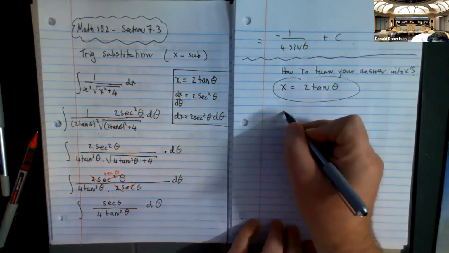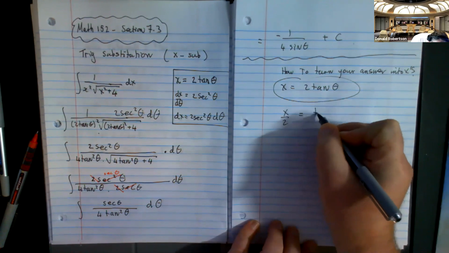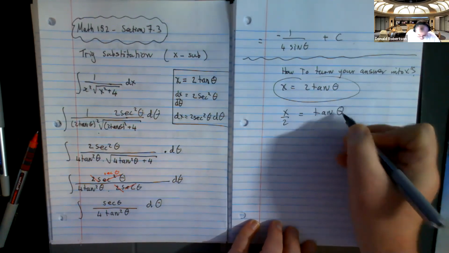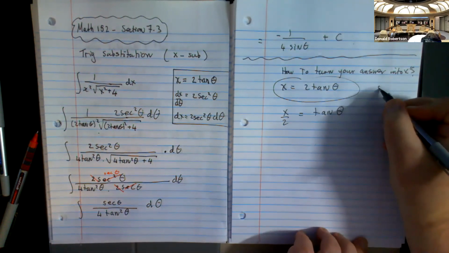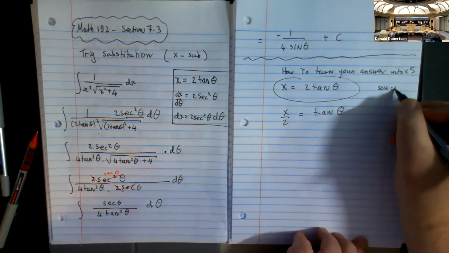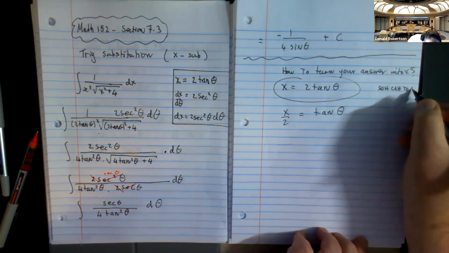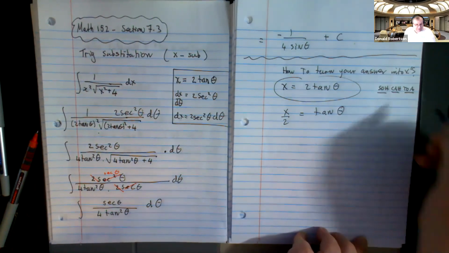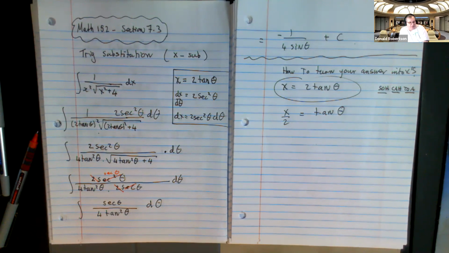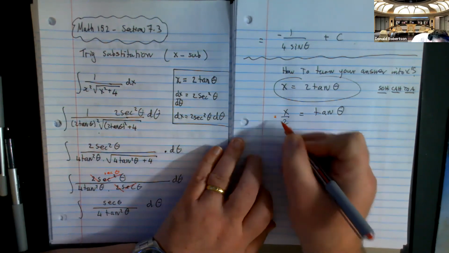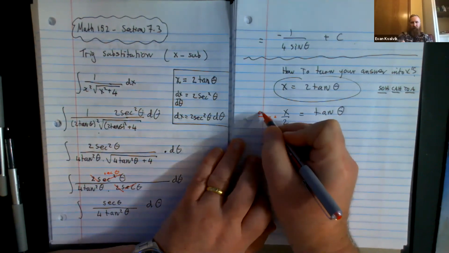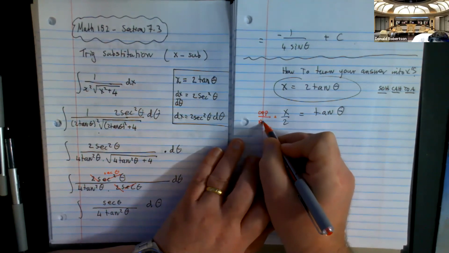So, first thing you do is isolate what tan theta should be on its own. And then I'm going to use SOHCAHTOA. Can you remember SOHCAHTOA? What is the ratio for a tangent using SOHCAHTOA? Opposite over adjacent. So opposite on the top, over adjacent on the bottom.